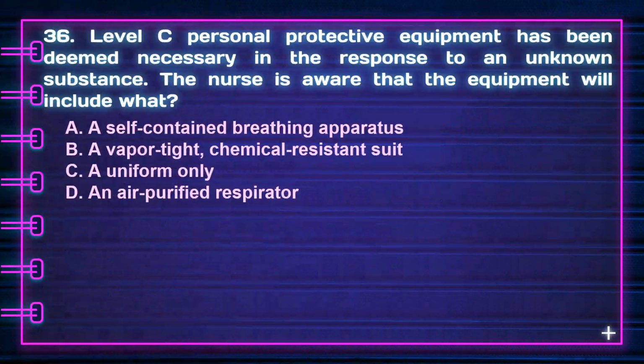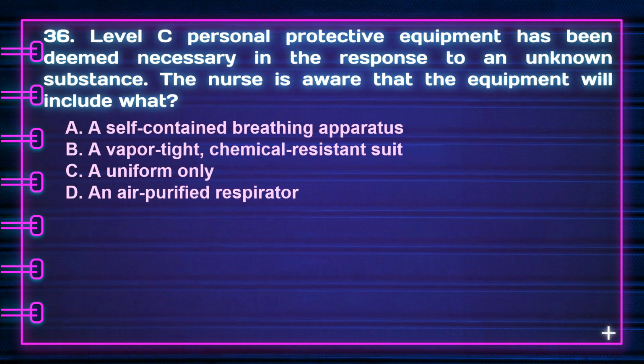36. Level C personal protective equipment has been deemed necessary in the response to an unknown substance. The nurse is aware that the equipment will include what? A, self-contained breathing apparatus; B, vapor-tight, chemical-resistant suit; C, uniform only; or D, an air-purifying respirator? So the best answer here is letter D, an air-purifying respirator.